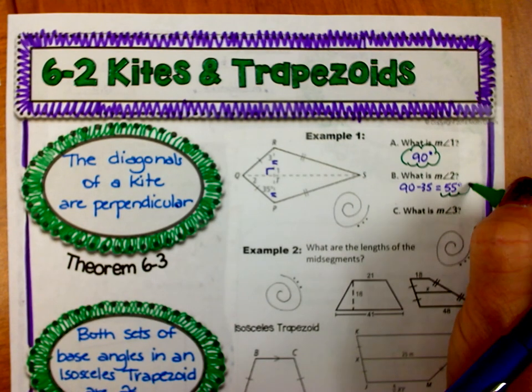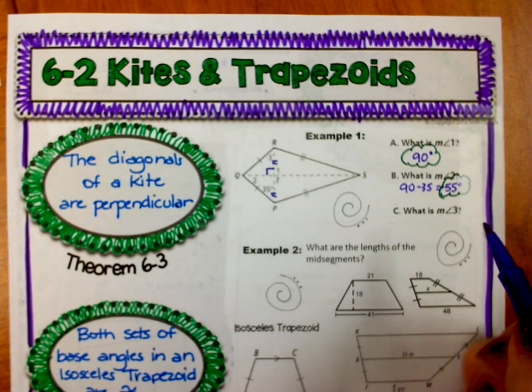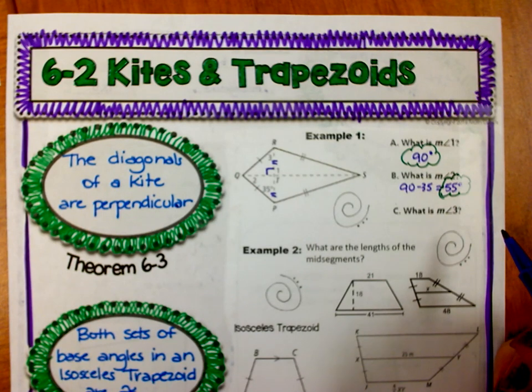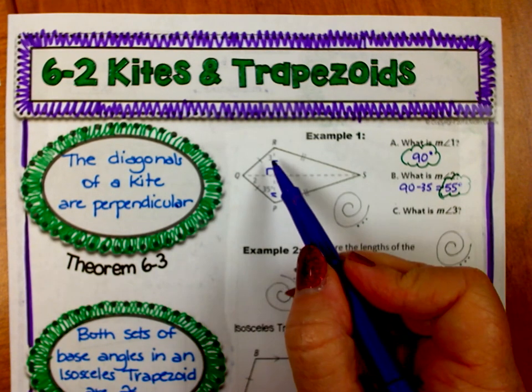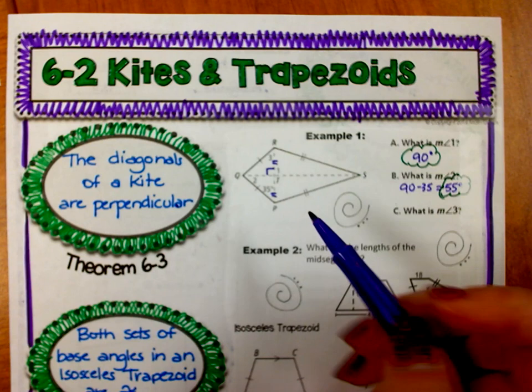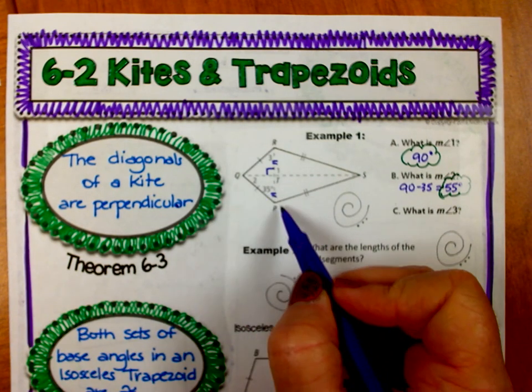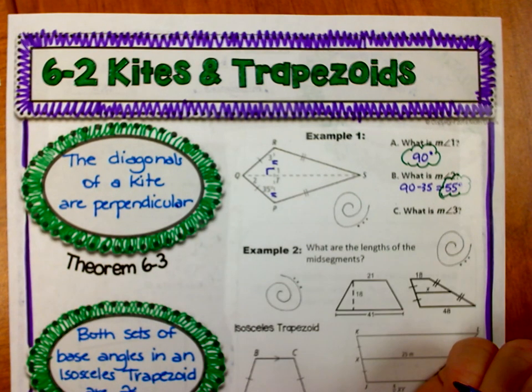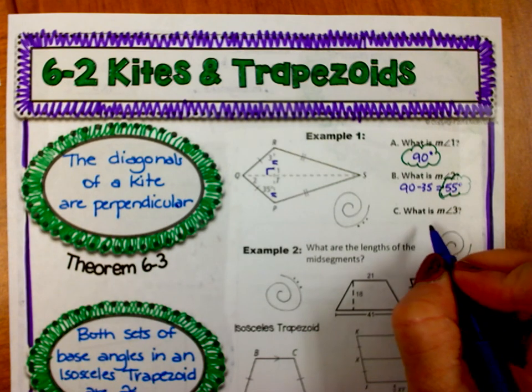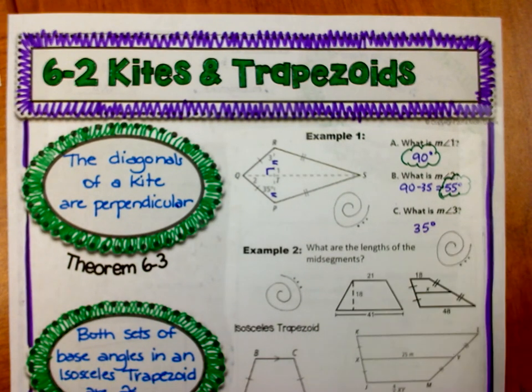So the measure of angle 2 is 55 degrees. Finally, the measure of angle 3 is going to be the same as this measure of QPT, because these 2 triangles are congruent, which means that the measure of angle 3 is going to be 35 degrees.